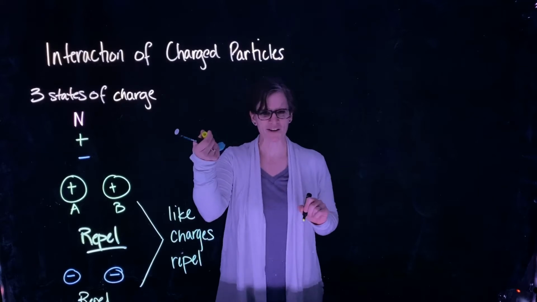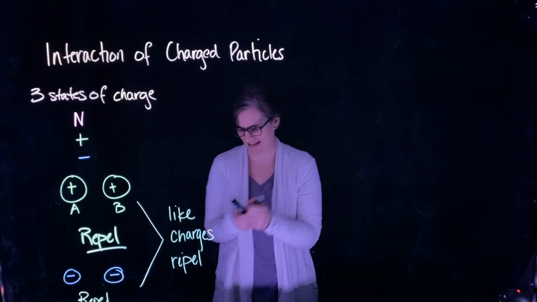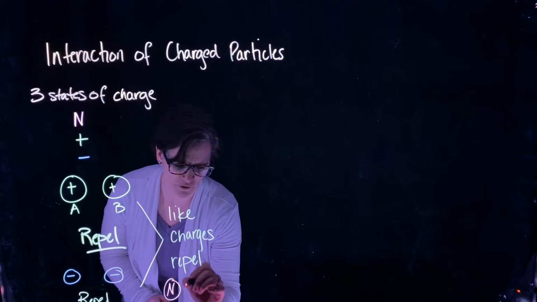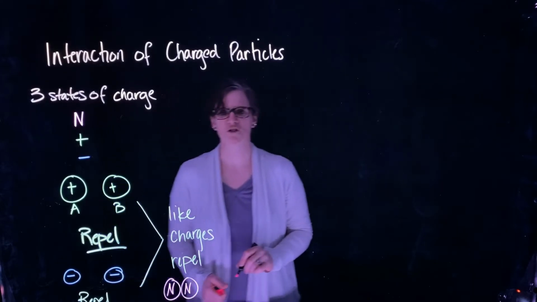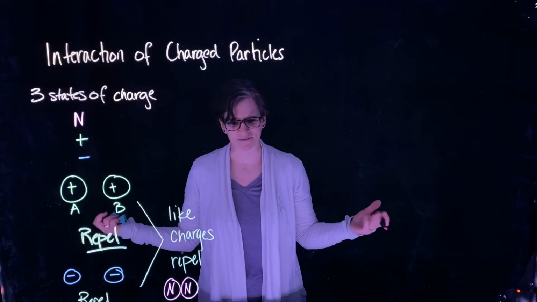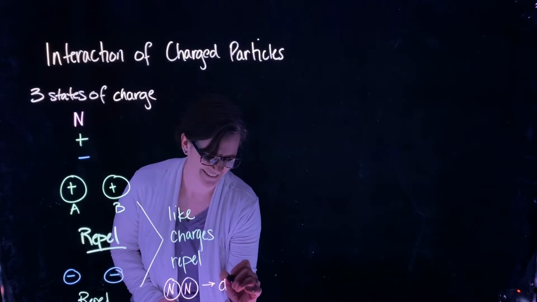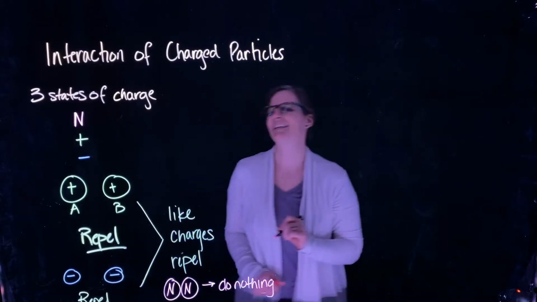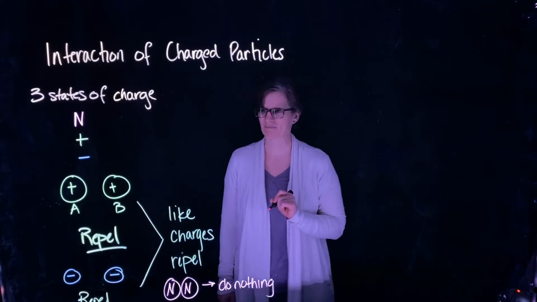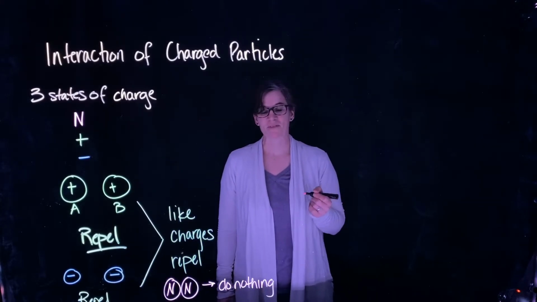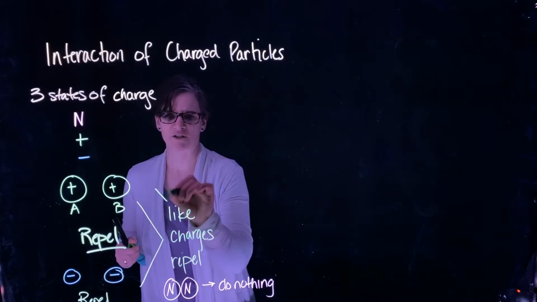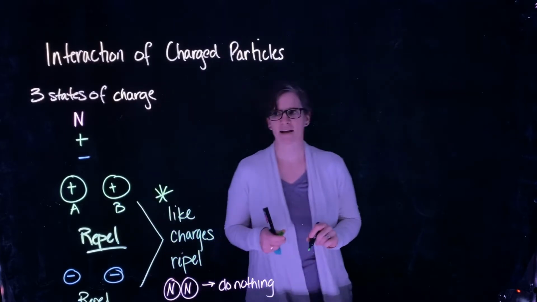What about neutral charges? What if I put 2 neutral charges next to each other? Do they repel? I have a neutral charge next to a neutral charge, and they just sit there. They do nothing. There is no interaction between 2 neutral charges. All right, so like charges repel. That's one way charged particles interact.